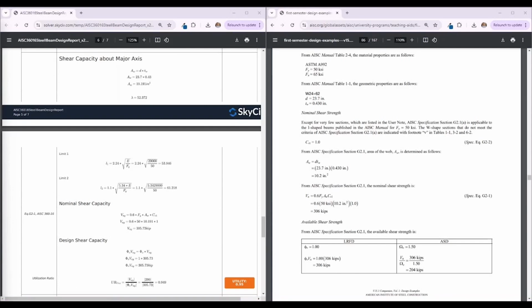They both focused on W-shaped beams in strong axis shear. By using the SkyCiv calculator alongside AISC design examples, we gained valuable insights into shear design. Remember, accurate calculations are critical for safe and effective structural design, and you can count on SkyCiv for that.